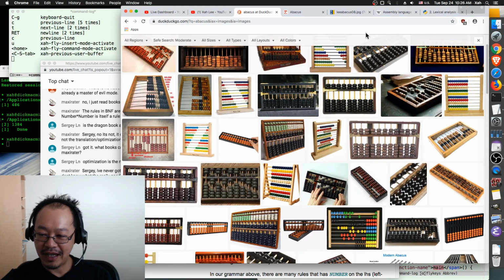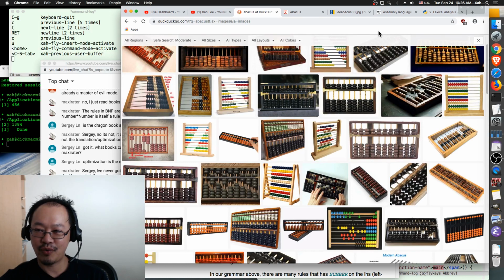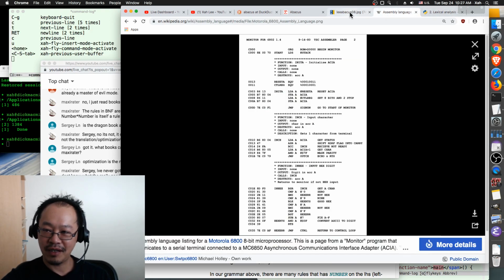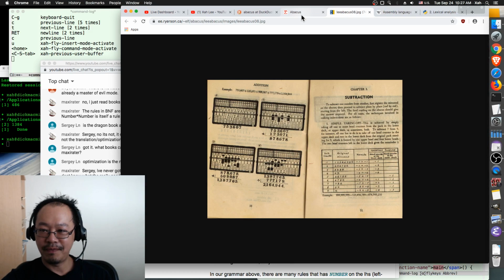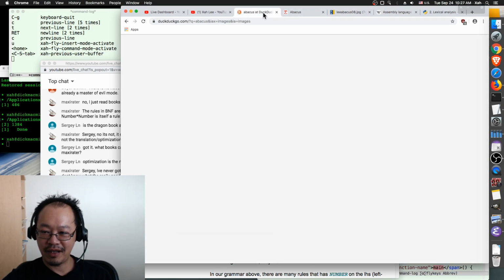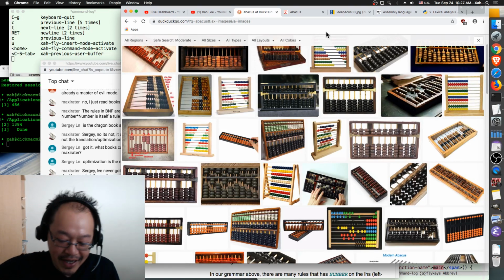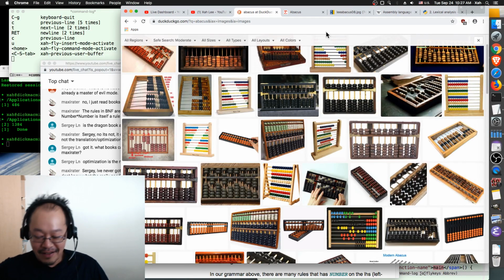Many things today are so abstract. When you work with Python, you never think of a machine. When you program in Python, you never think of the CPU or anything. But actually, that's what's going on. So if you try to think of everything in terms of abacus, then you understand it well.